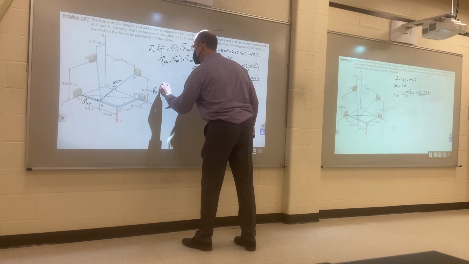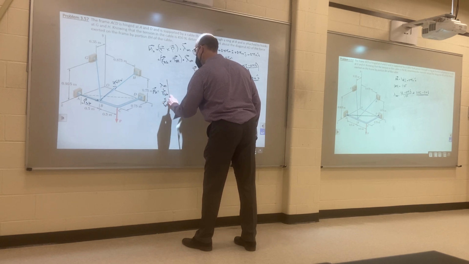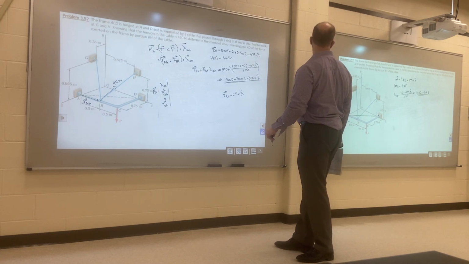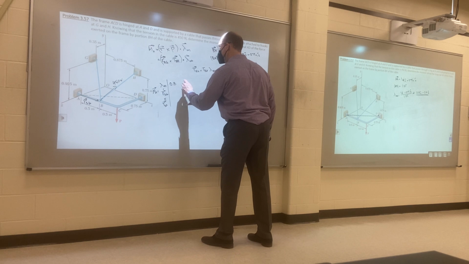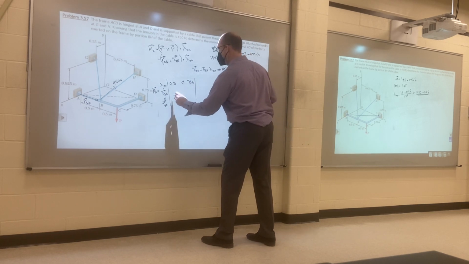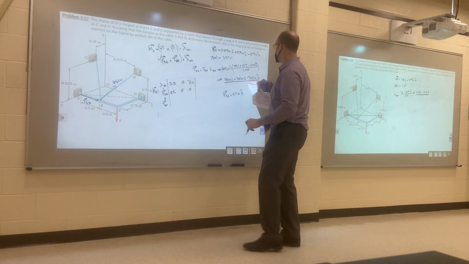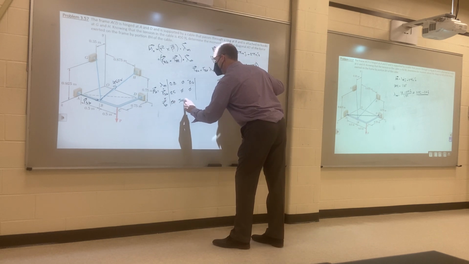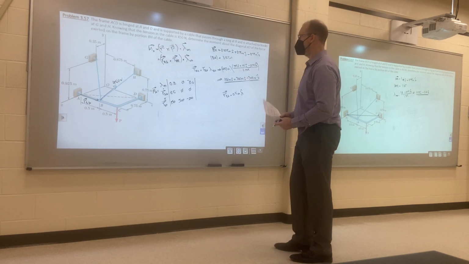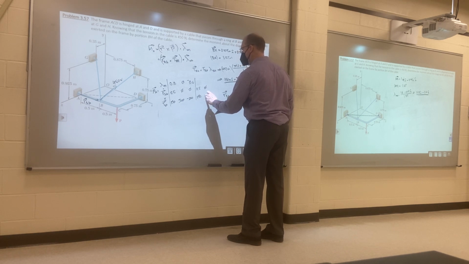Lambda is 0.8, 0, negative 0.6. R is 0, 0.5, 0. T is 150, 300, negative 300.